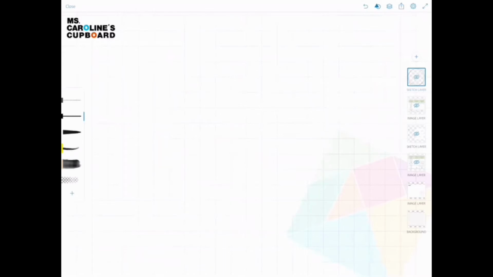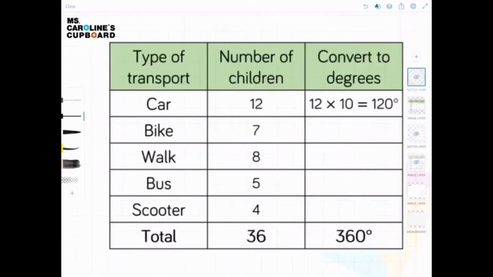Let's say we have some data. Here we have the types of ways that children get to school. So car, bike, walk, bus, scooter. And we have in the next column the number of children that selected each thing. So 12 children pick car, 7 children pick bike, 8 children walk, 5 children on the bus and 4 children on a scooter. Total amount of children, how many?